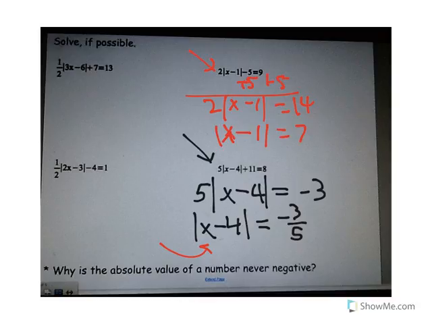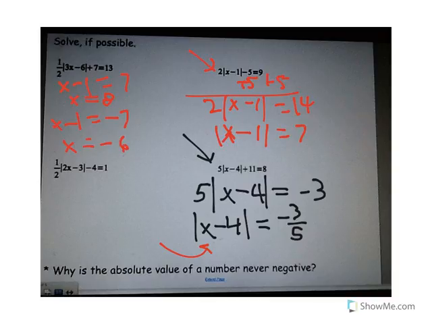Now I set up my two equations. I'm just going to write them over here. X minus 1 is equal to 7, and x minus 1 is equal to negative 7. So add 1 to both sides. I end up with x is equal to 8, and x is equal to negative 6.